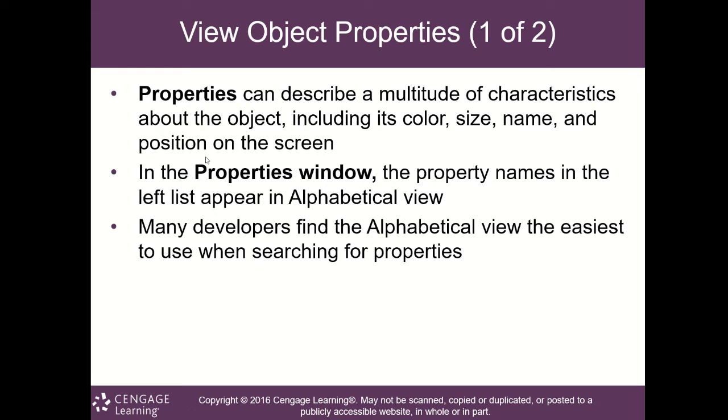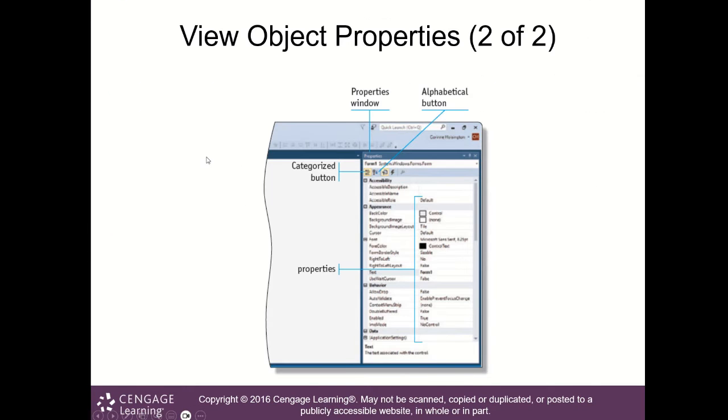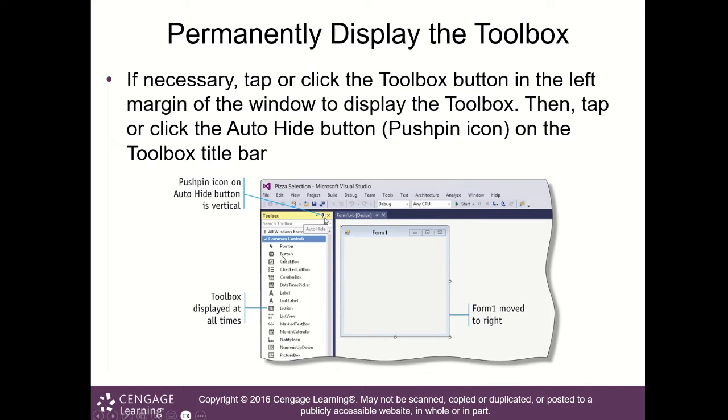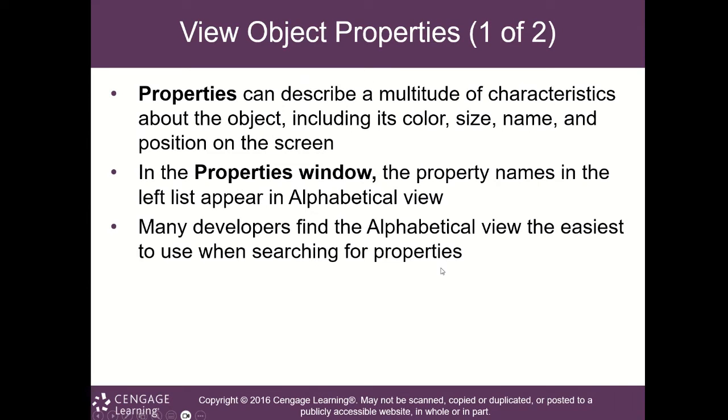For example, let us say you have a button object, you drag it down to the form, and then you will see a separate pane where the properties of the button object will be displayed. So we are talking about that.